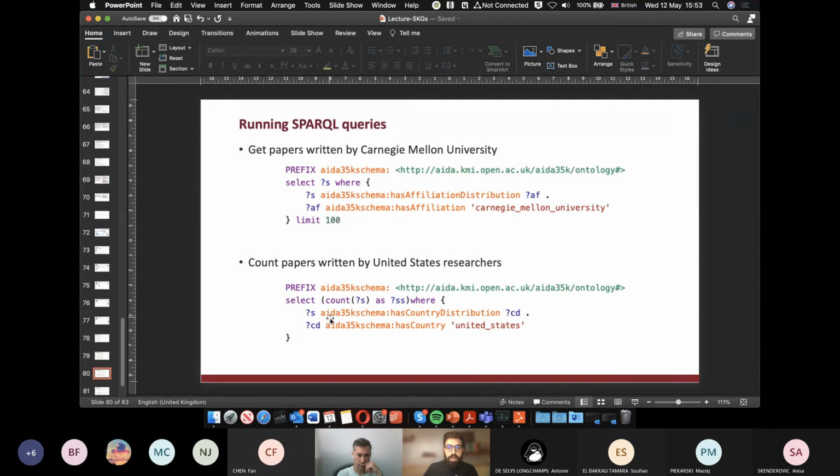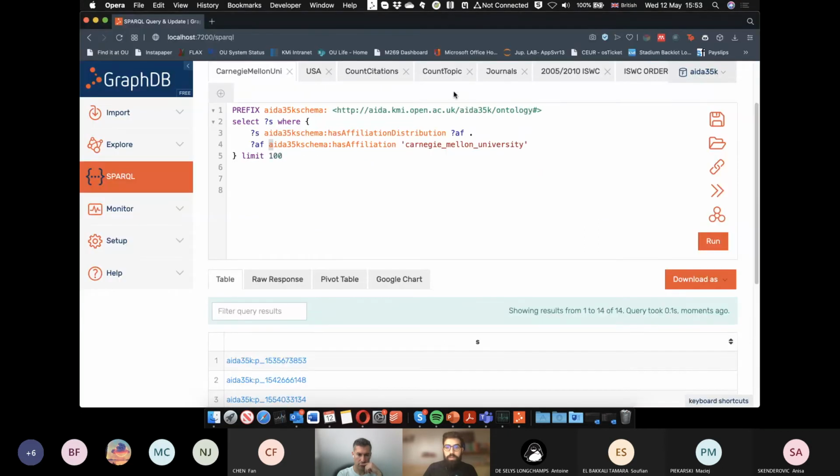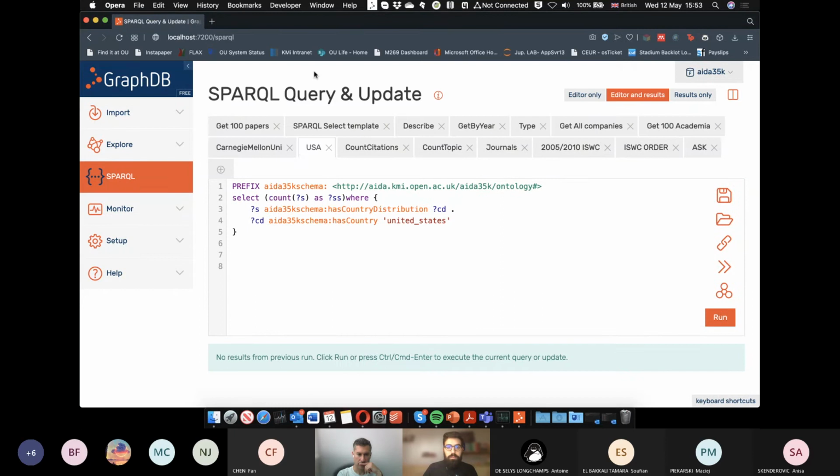Let's go ahead. The same applies for United States. Here we are going to use a different distribution, not affiliation distribution, but country distribution. Here we want to count the papers. So let me get back. USA.